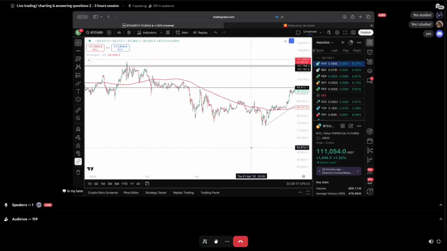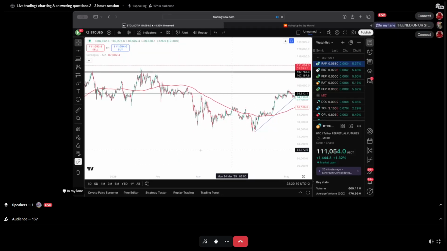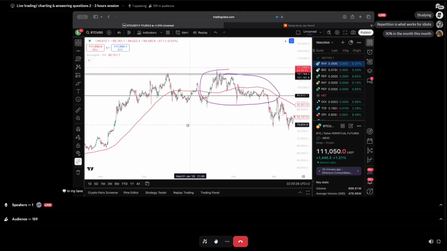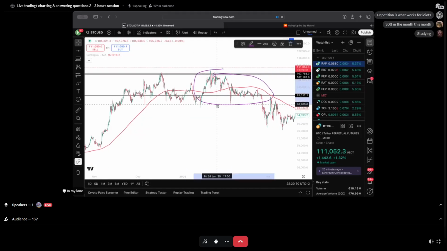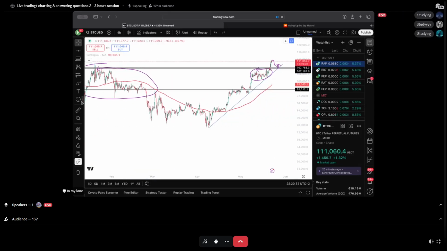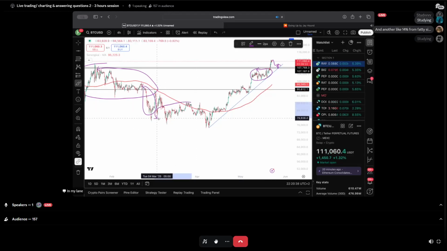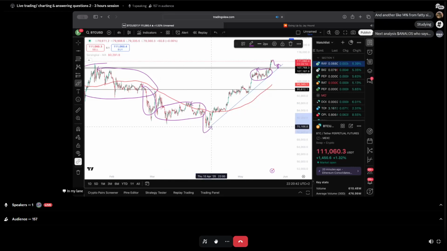Okay, so maybe this explains what I just said. Look here. Breakdown. Range. Breakdown again. Then we moved back into the range here. You see?